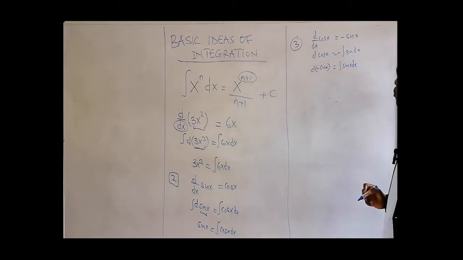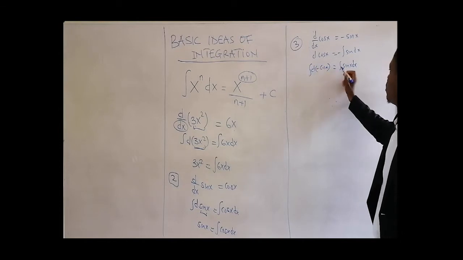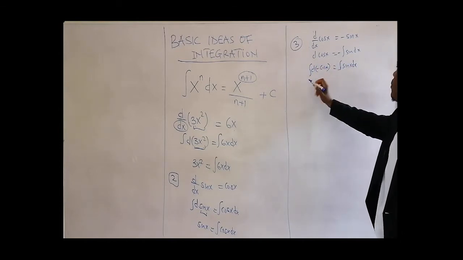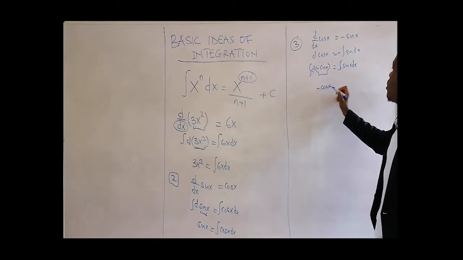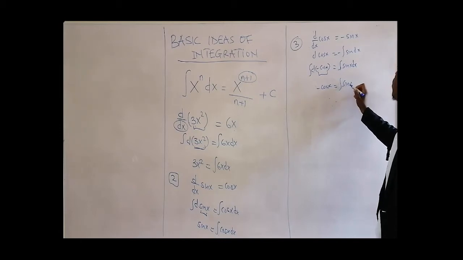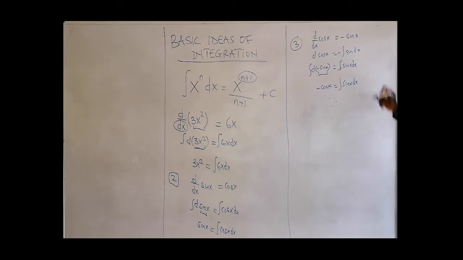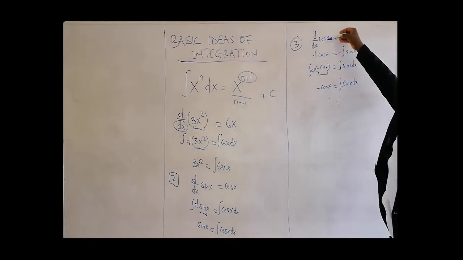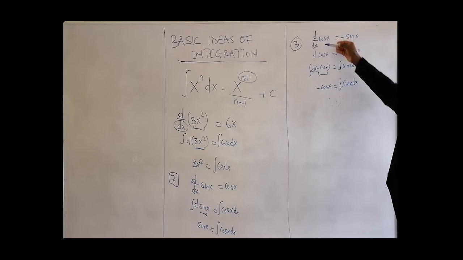In that case, we integrate both sides. Put the integral sign to both sides. The d of a function is that function, so minus cos x equals the integral of sine x dx. What we are saying now is that the differential coefficient of cos is minus sine, and when you integrate the right-hand side, you get back this side.